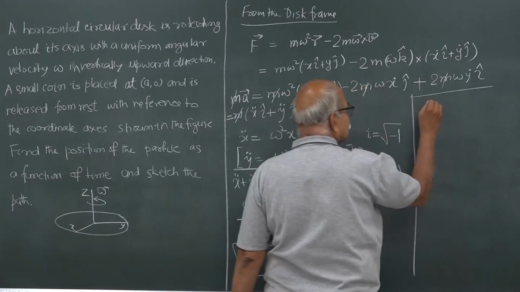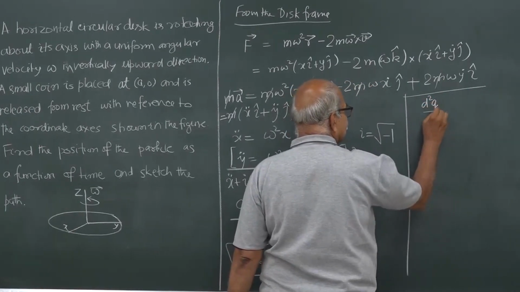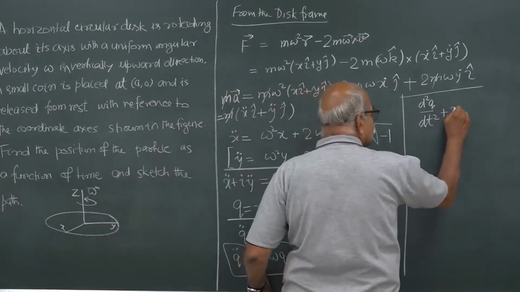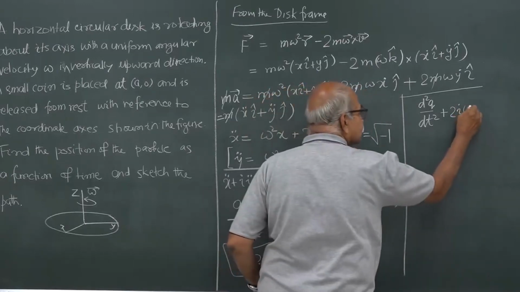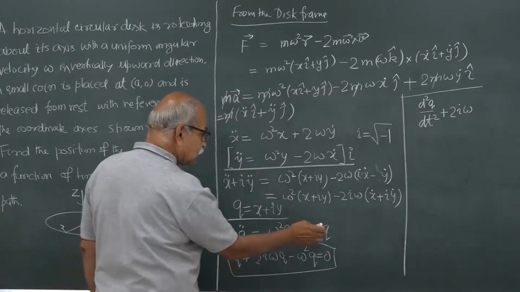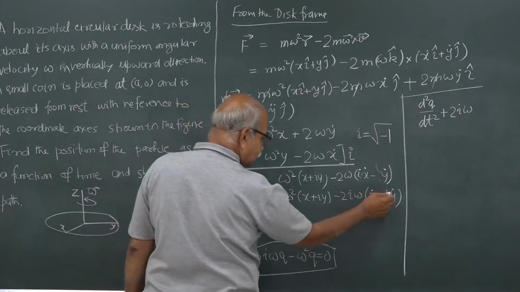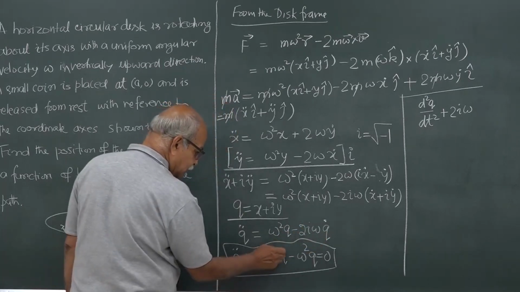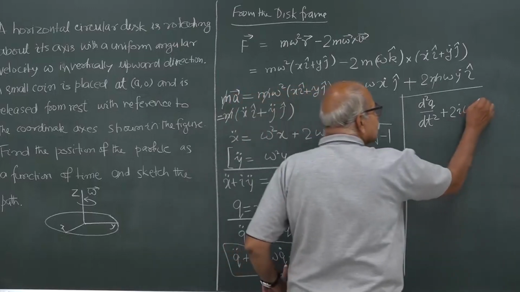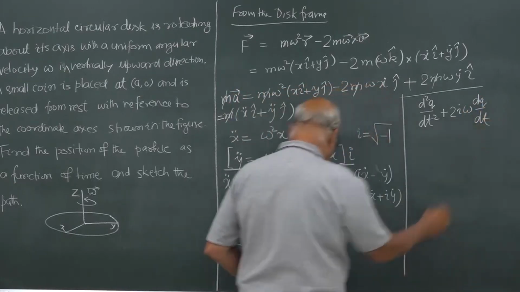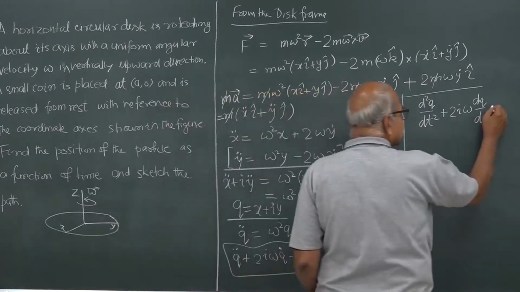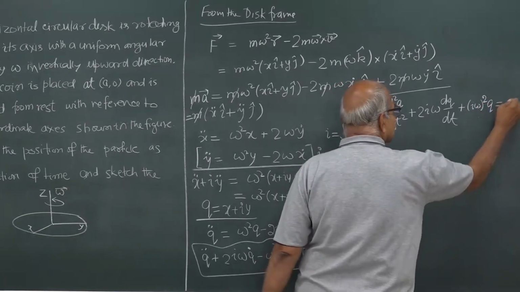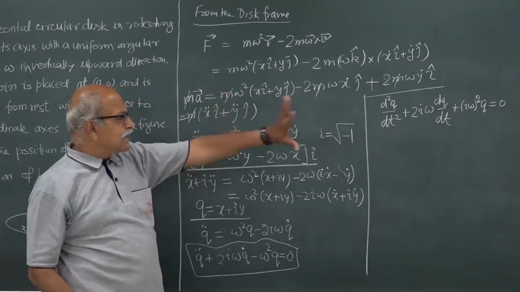Q double dot is d2q dt square, and then plus 2i omega, and then q dot, where q dot is x dot plus i y dot, so dq dt here, and then minus omega square q, and this is equal to 0. Okay. So it is a very standard equation.